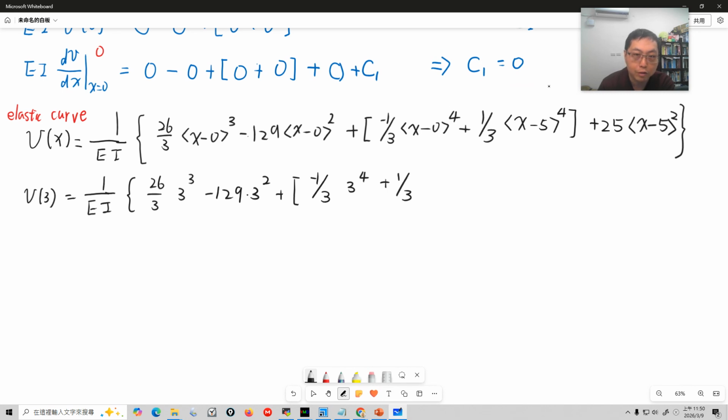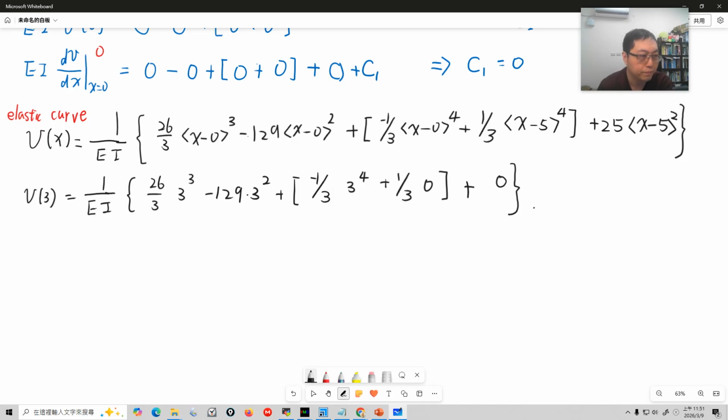This is negative. So for this discontinuity function, if your bracket is negative, that means the whole function is 0. So that means this is 0, and plus, 3 minus 5 is less than 0, so the whole function is 0.